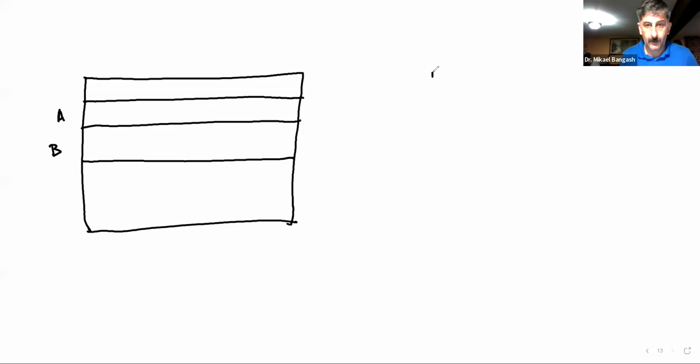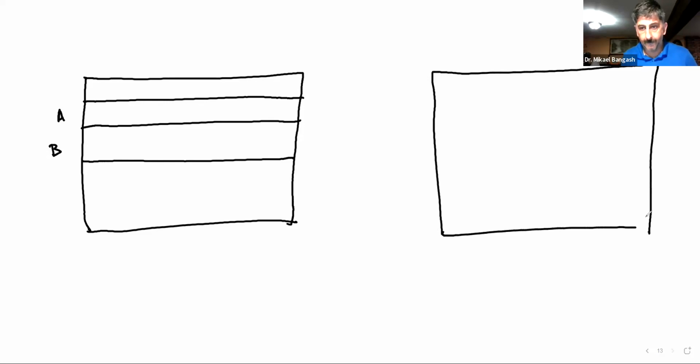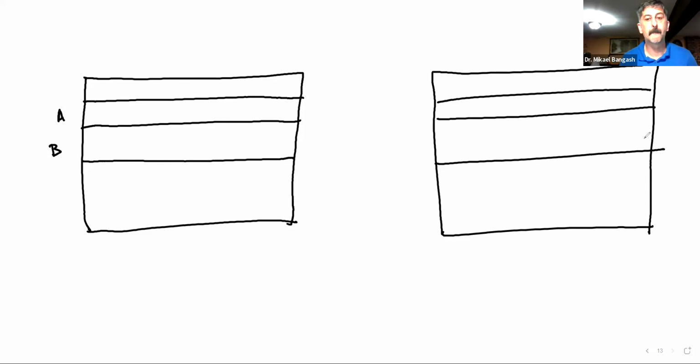Clear? And just so we know what to compare it with, the second copy of our image. And this is still blood vessel A, and this is still our blood vessel B. Now, here is our color map.